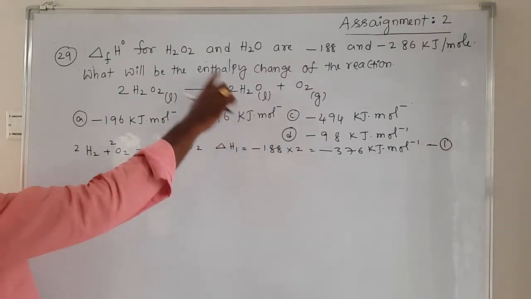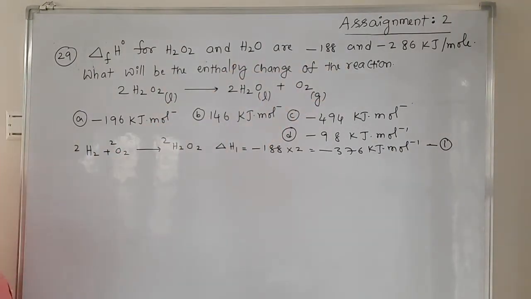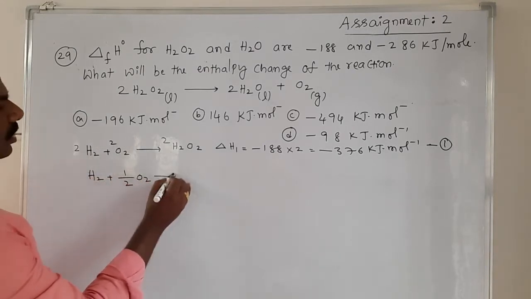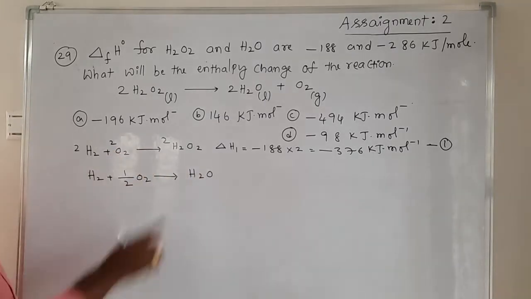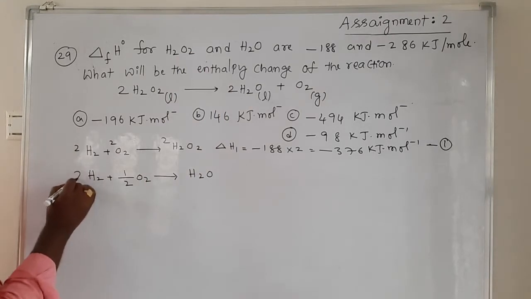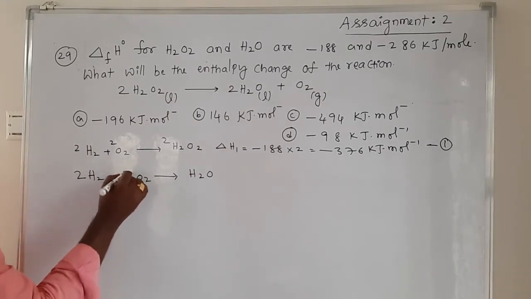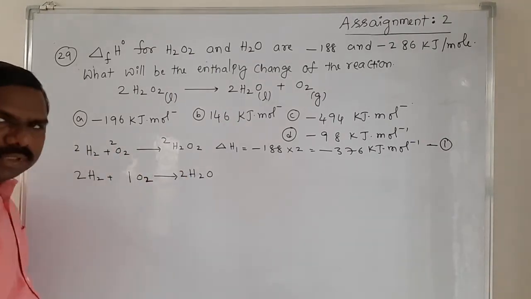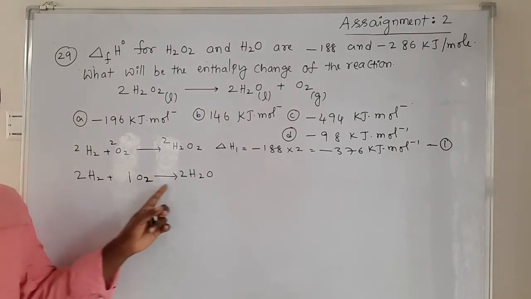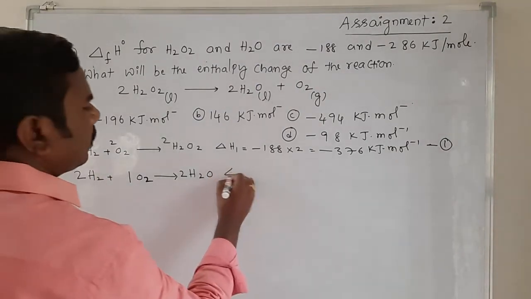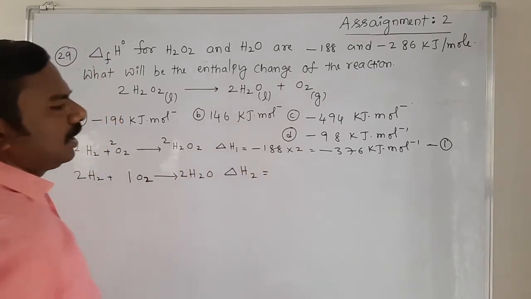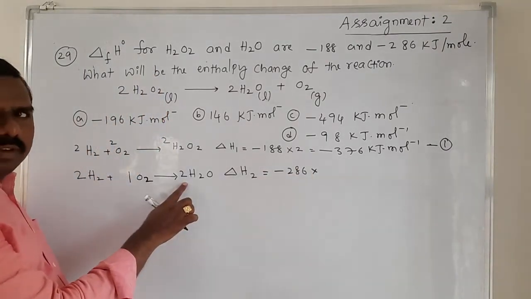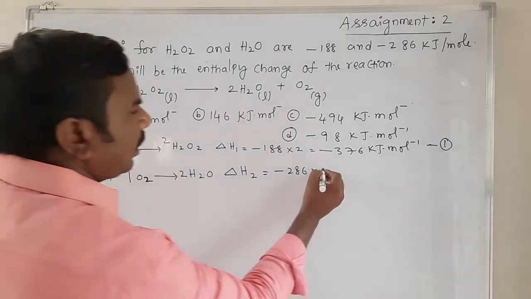Again, the formation of water is also mentioned in the question. Formation of water means H2 plus half O2 gives rise to H2O. But in equation 2, as mentioned, 2H2 plus O2 gives rise to 2H2O. The formation value is indicated as delta H2, that is minus 286 into 2 moles of water as per the equation I took, that's why multiplied by 2.